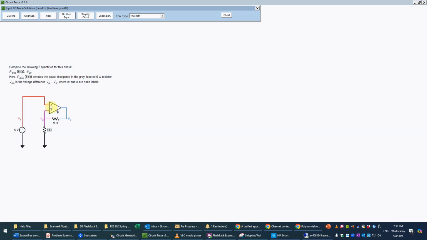So there's no current going into the negative terminal or the positive terminal, or coming out, either one. And there's also a voltage controlled voltage source which is connected from ground to the output, and that has a certain gain times the V plus minus the V minus.